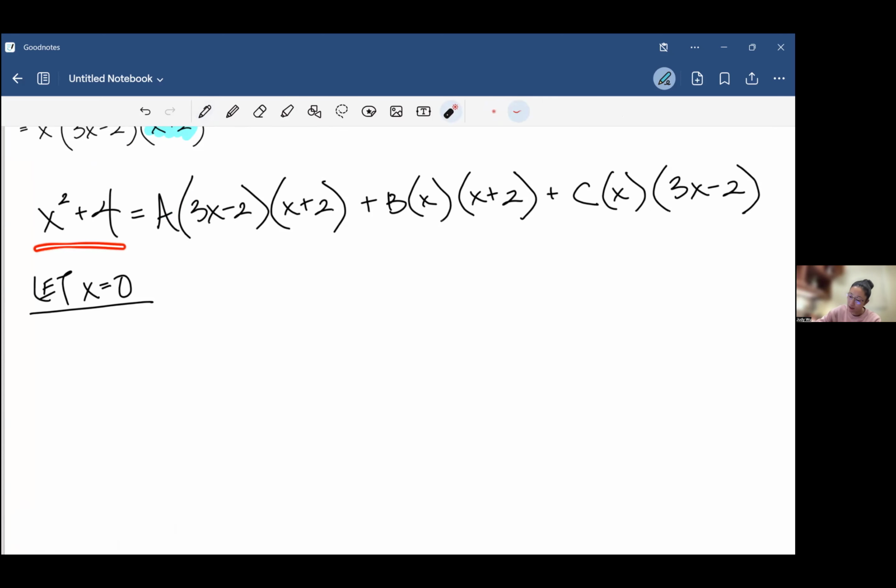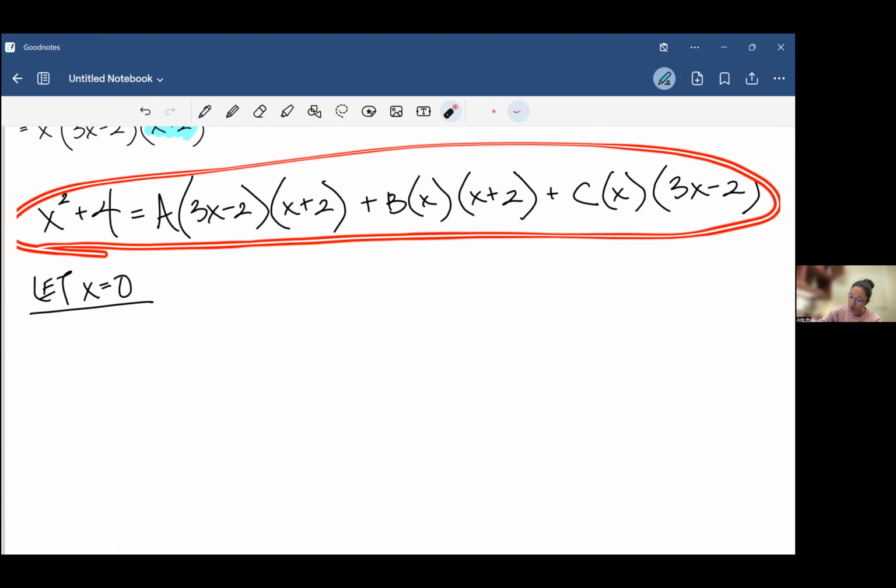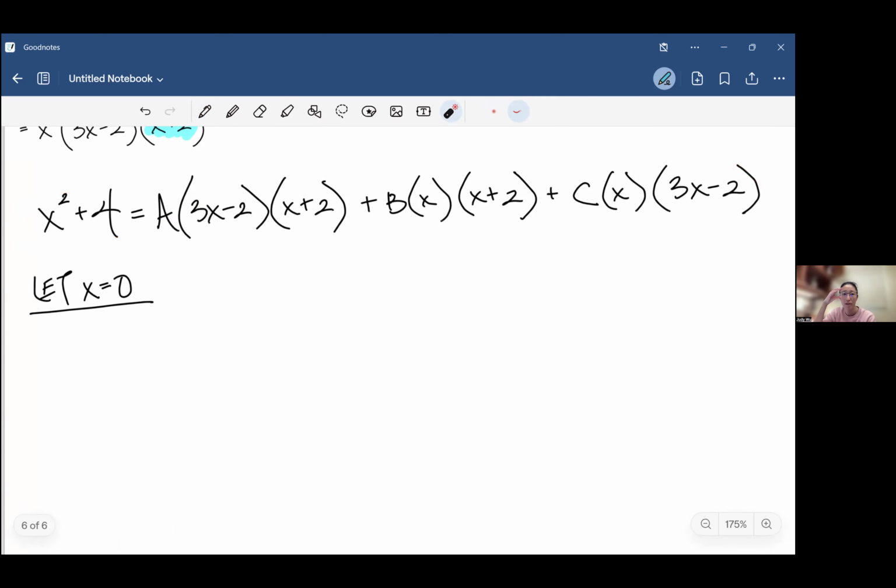That means in this whole long equation, both sides, everywhere there's an x, I'm going to plug in 0. So 0 squared plus 4 gives me 4. Equals, let me plug in a 0 here. So I get A times (3 times 0 minus 2) times (0 plus 2). Okay, plus, look at what I'm going to have here.